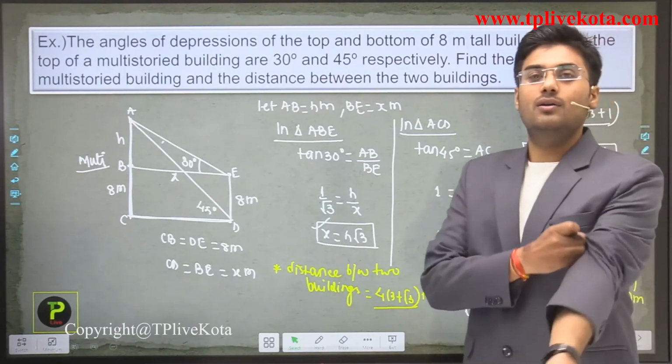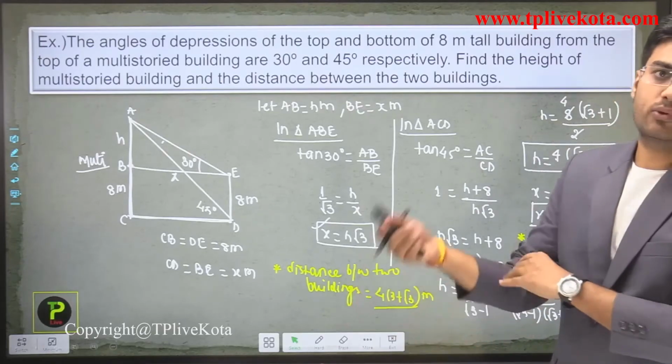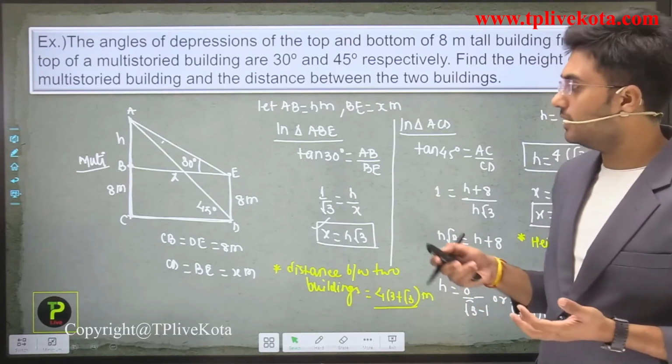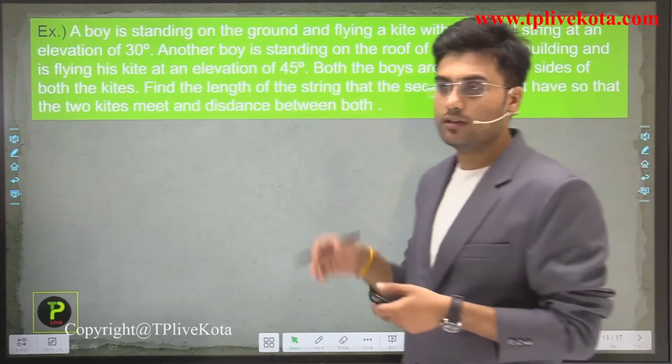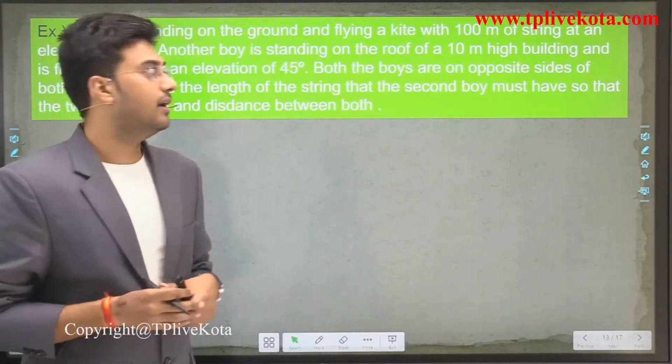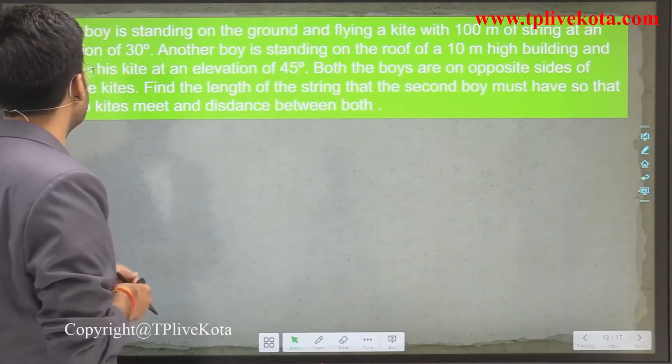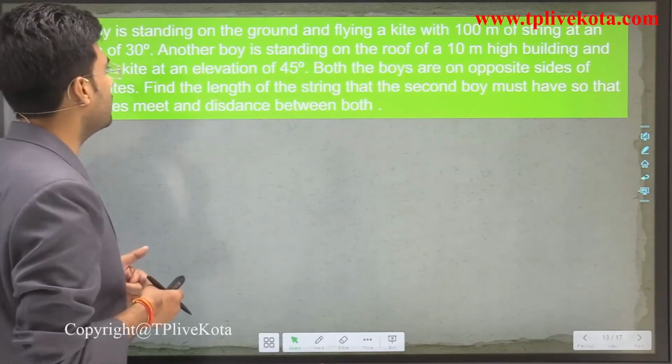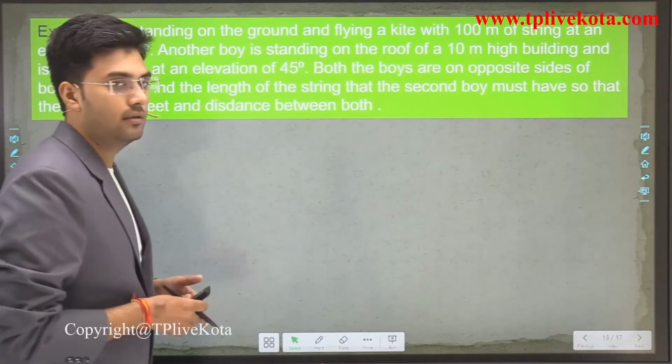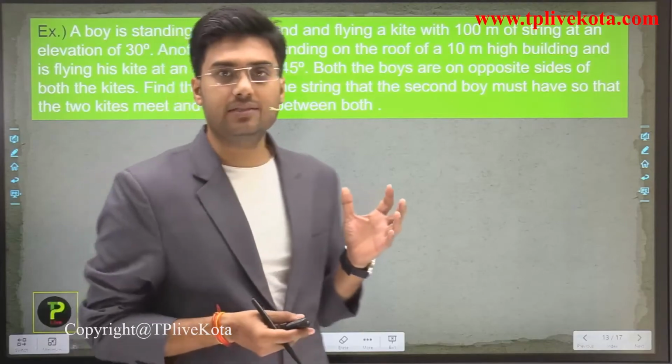So now, for better understanding, let's move to the next question. And students, it is given that a boy is standing on the ground and flying a kite. This is again a very interesting question.